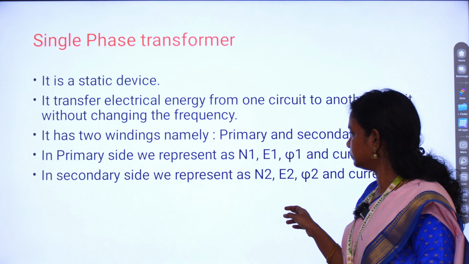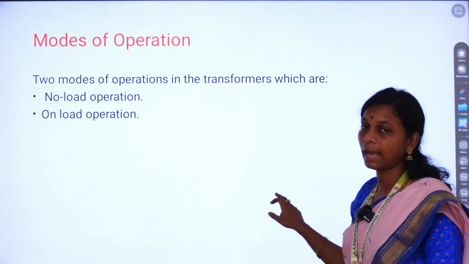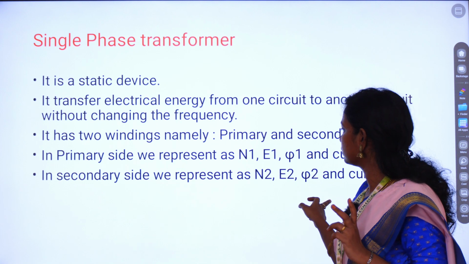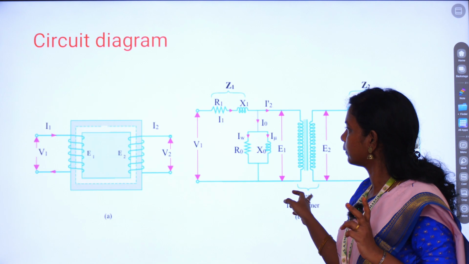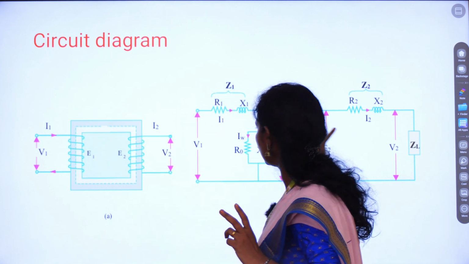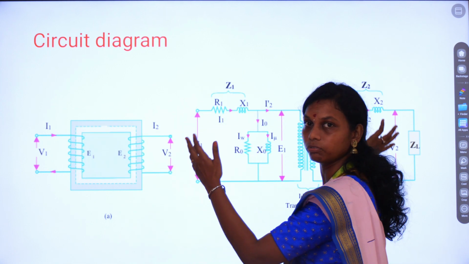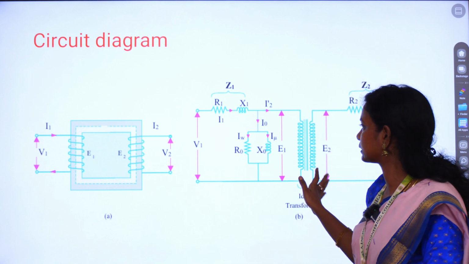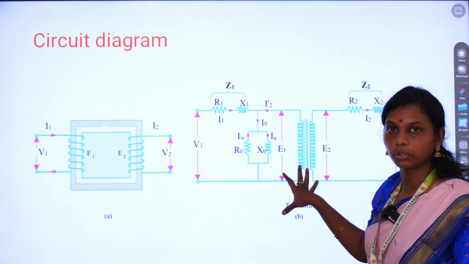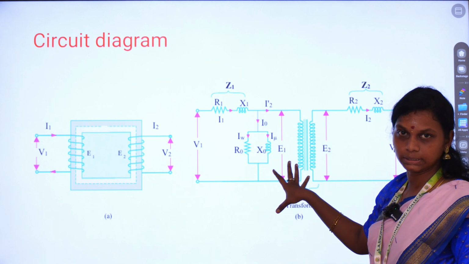For example, if you represent the primary side and secondary side separately with all the turns, the circuit will be very big to represent. But here, while representing both in the same circuit, it is represented as the equivalent circuit.